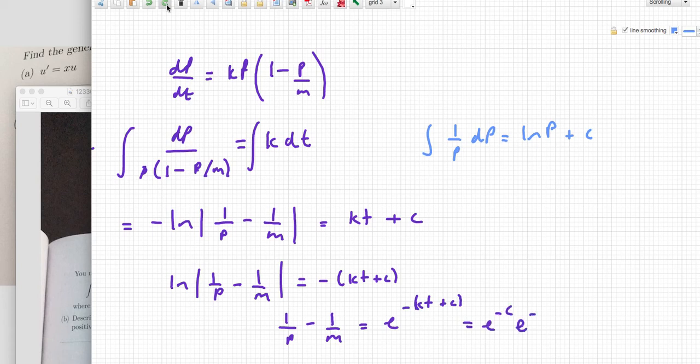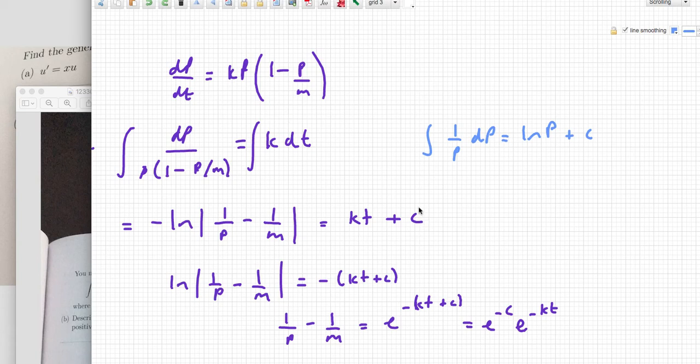If I now just multiply through, I get e to the minus kt minus c. With indices, we can change that subtraction to multiplication, because e to the minus kt minus c is the same as e to the minus c times e to the minus kt. That's the same thing.